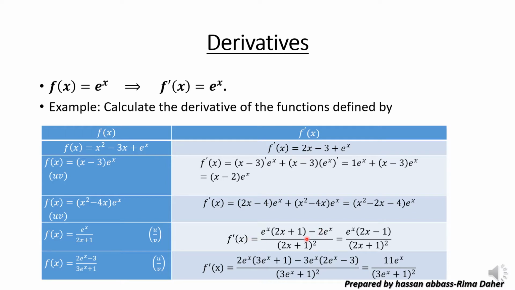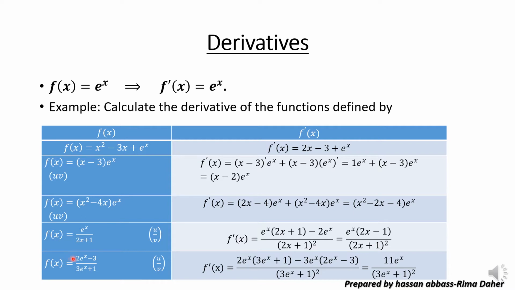We get f prime of x equal e^x into 2x plus 1 minus 2e^x over 2x plus 1 squared. Take e^x common factor from the numerator, we get f prime of x equal exponential x into 2x minus 1 over 2x plus 1 squared.